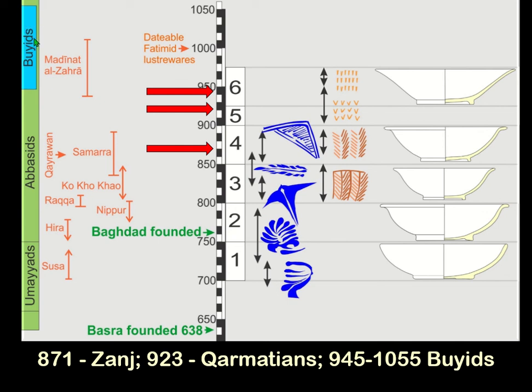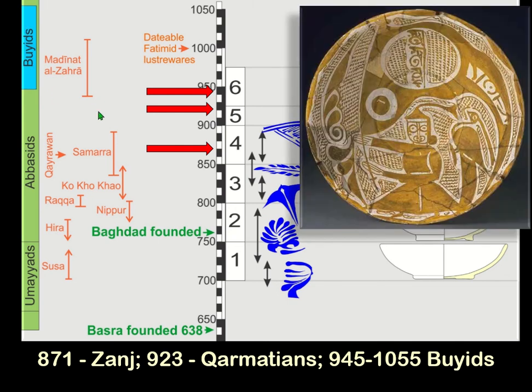And it's interesting that it's at this time we get figural imagery on the Basra pottery. So it's not really figural. It's kind of weird looking. It's always kind of weird looking. But here we have figures on pottery made at Basra, Islamic pottery with figures on. And this is actually, for these major centers, the first time we see that.